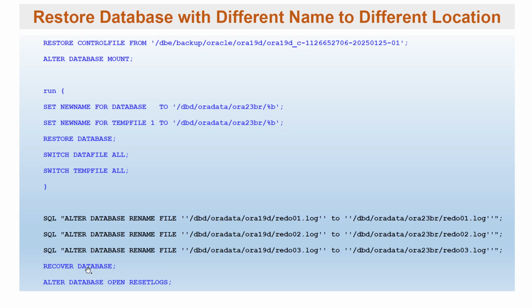Anything is possible. You can restore, but before recovering, remember to rename the redo log files to a different location. Once you rename those redo log files, then you recover the database and open the database in reset logs mode. So this is the trick that we'll be using.